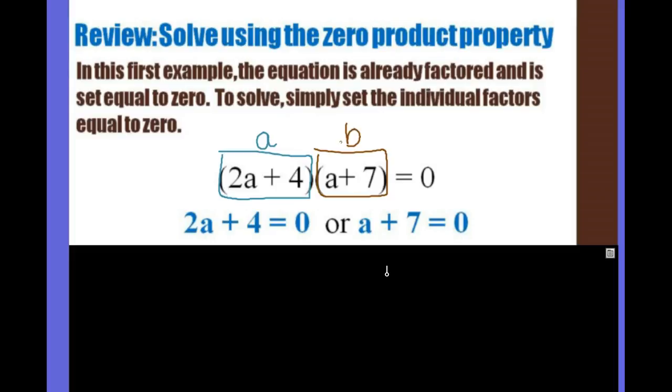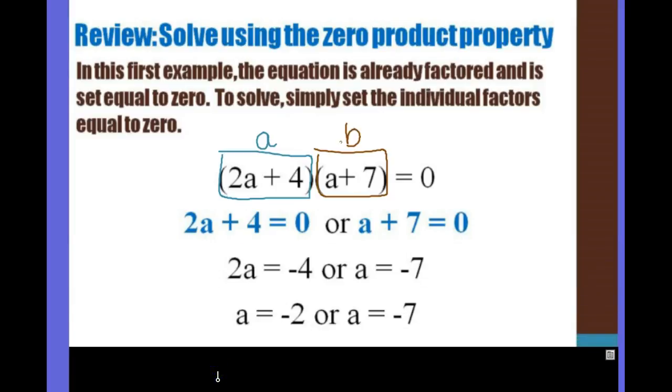So solve for a. And hopefully, see, here's where the solve me maybe song came in.